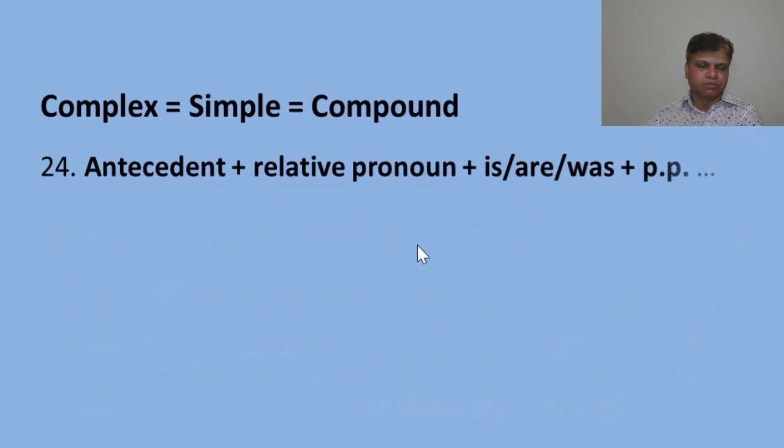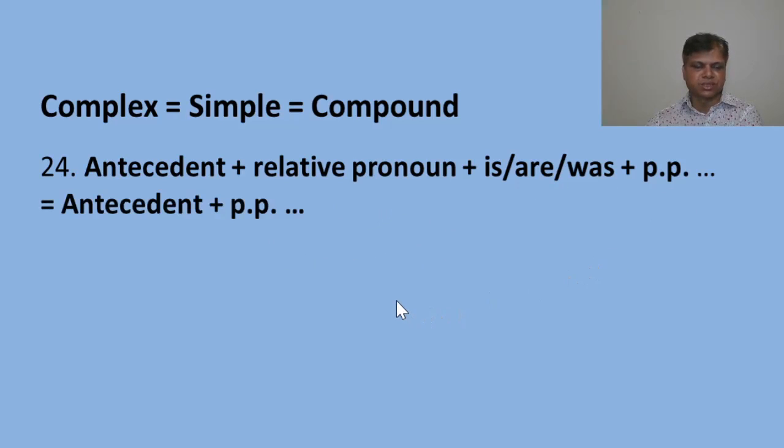Look at the 24th rule. Antecedent, relative pronoun, am, is, or was, plus past participle, that is passive form, and the rest of the sentence. If you want to make it a simple sentence, you have to use the antecedent and past participle and the rest of the sentence.